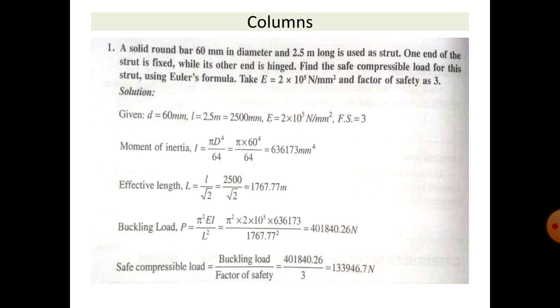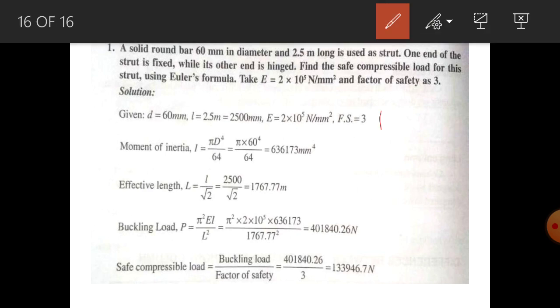One end is fixed and the other end is hinged. So as per the given table and the diagram, what is the effective length here? The effective length will be L by root 2. You can see the previous slides. It is given in your textbook also, you can go and check.